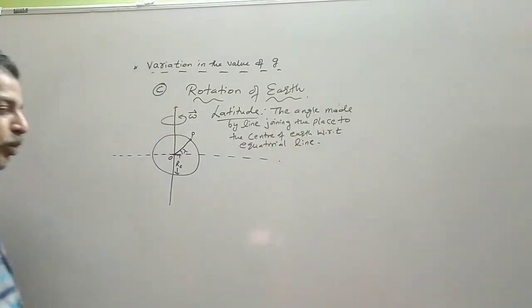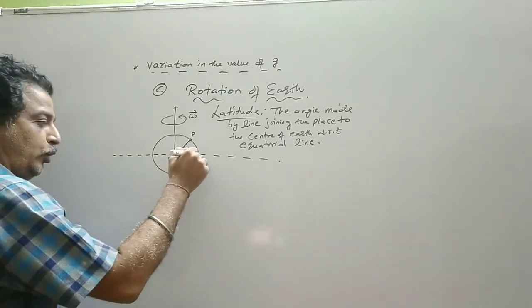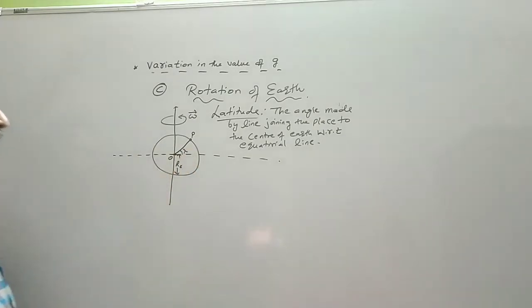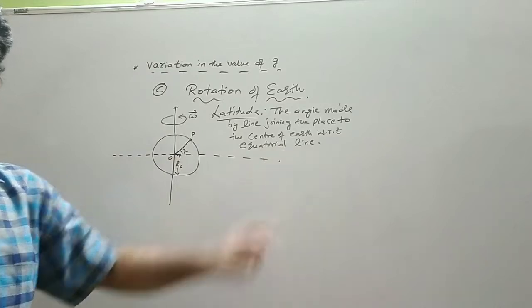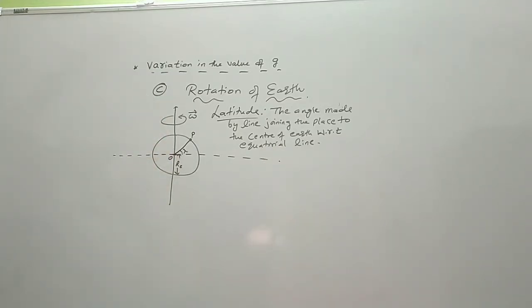Here let us take an equatorial line. If we want to draw an equatorial plane, this will be the equatorial plane. So we have taken the reference as the equatorial line, and this is the angle made by the line joining the place to the center of the Earth.